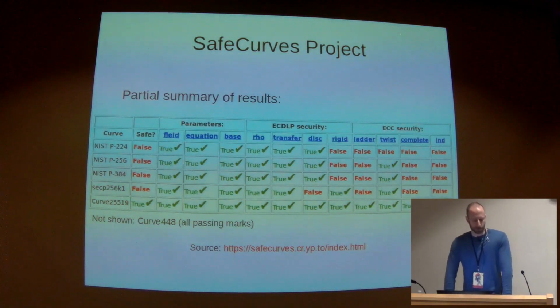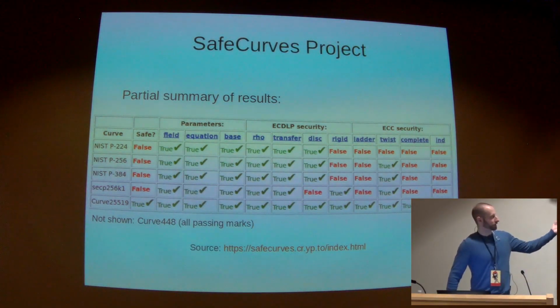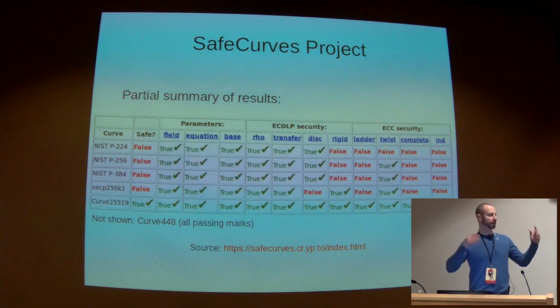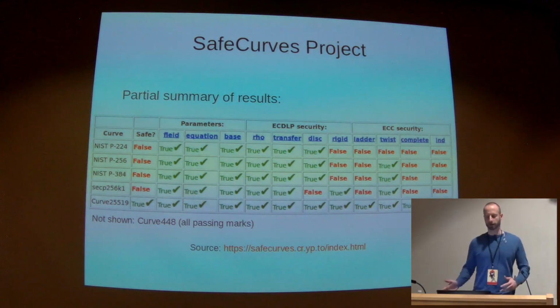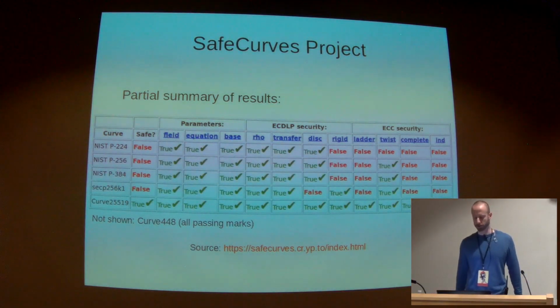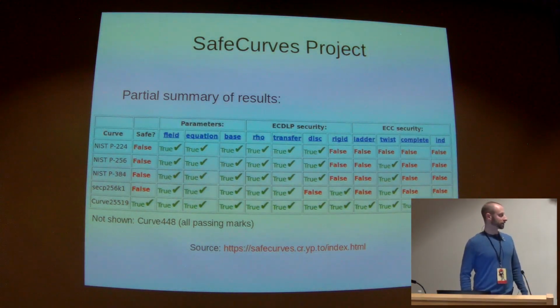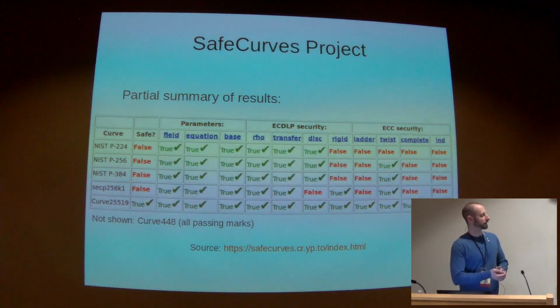So, if you were a math person, you could click on any of those column names, and it'll go into all the math. Here's all the math that we did on this curve, and here's why this looks bad, and this other thing looks bad too. It's well beyond the scope of my presentation, so I'm not going to go into that.